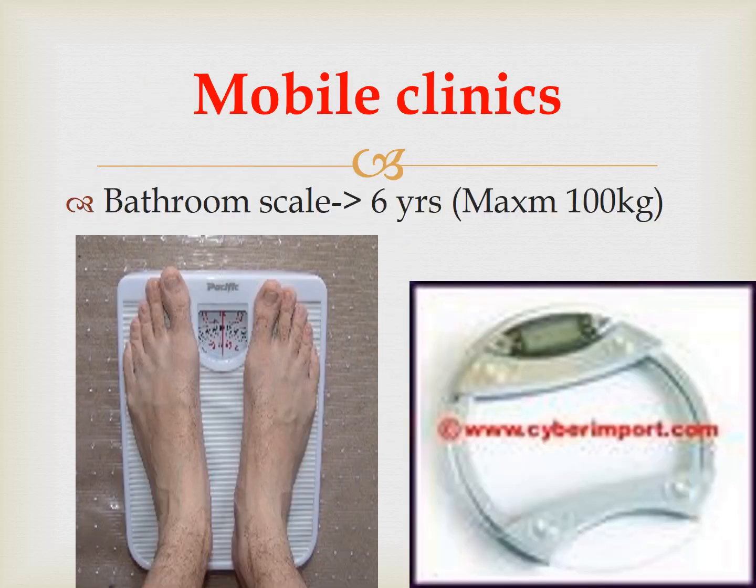Then comes the bathroom scale. This is used in mobile clinics, so you can carry this weighing scale anywhere you move. It is used in mobile clinics and even in the wards and OPDs. This is known as the bathroom scale. For children more than 6 years old, the weight is taken by this bathroom scale.